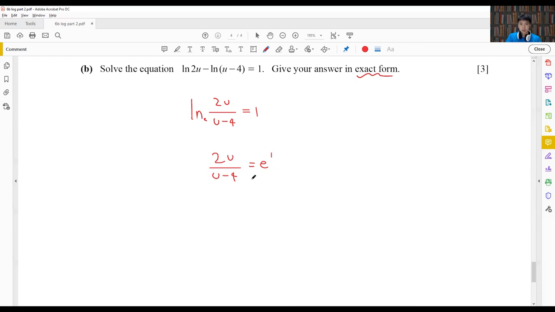Then bring the denominator to the right hand side. 2u is equals to e bracket u minus 4. Okay, open up the bracket here. 2u is equals to eu minus 4e. Group up the like terms, bringing eu to the left hand side. 2u minus eu is equals to negative 4e.